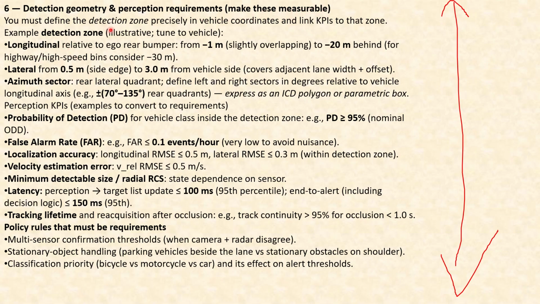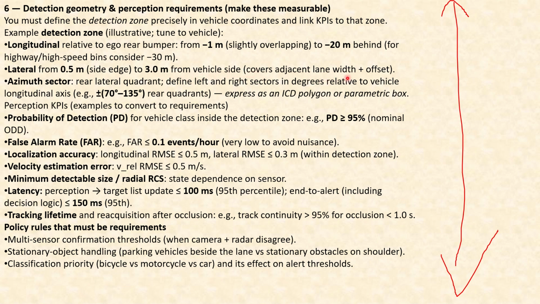You must define the detection zone precisely in vehicle coordinates and link KPIs to that zone. For example, in a detection zone, the longitudinal distance relative to the ego rear bumper is from -1 meter to -20 meters behind. And for lateral, from 0.5 meter from the side edge to 3 meters from the vehicle side.